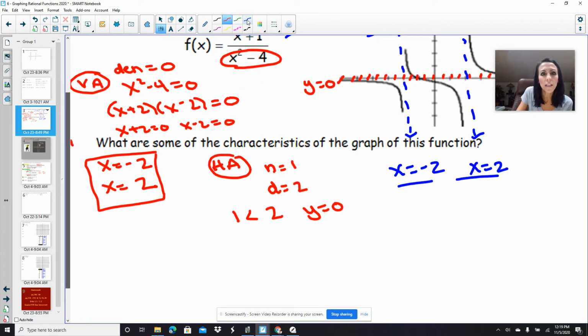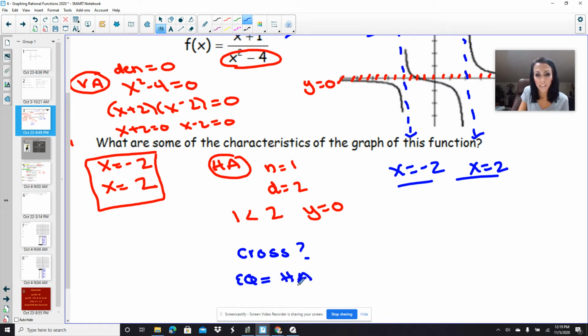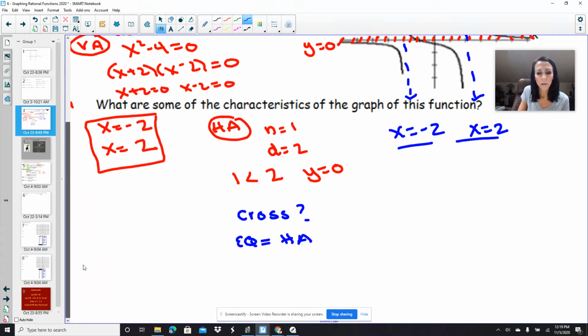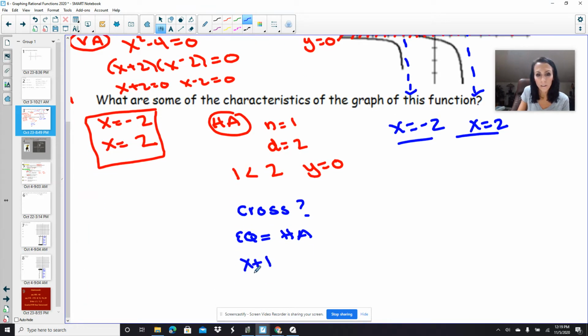So let's put that here as a question. Cross? Well, let's figure it out algebraically. We set the equation equal to the horizontal asymptote and solve. Our simplified equation here is x plus 1 over x squared minus 4. You can't simplify it any further.